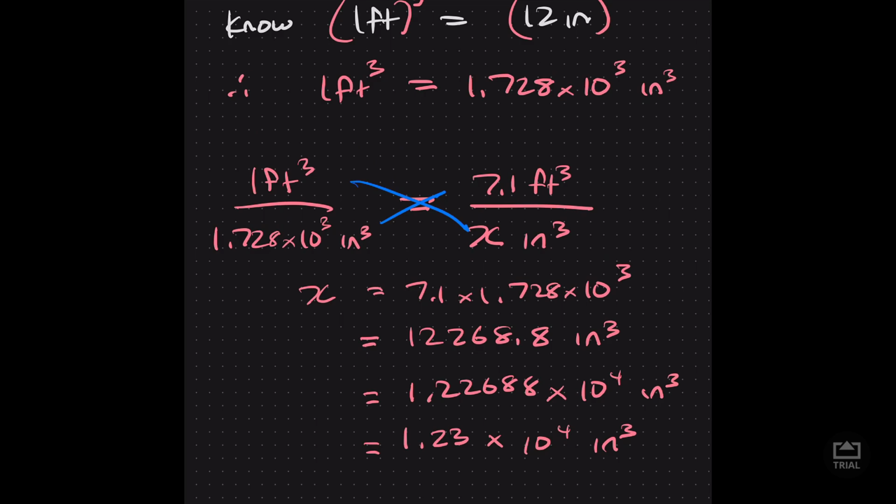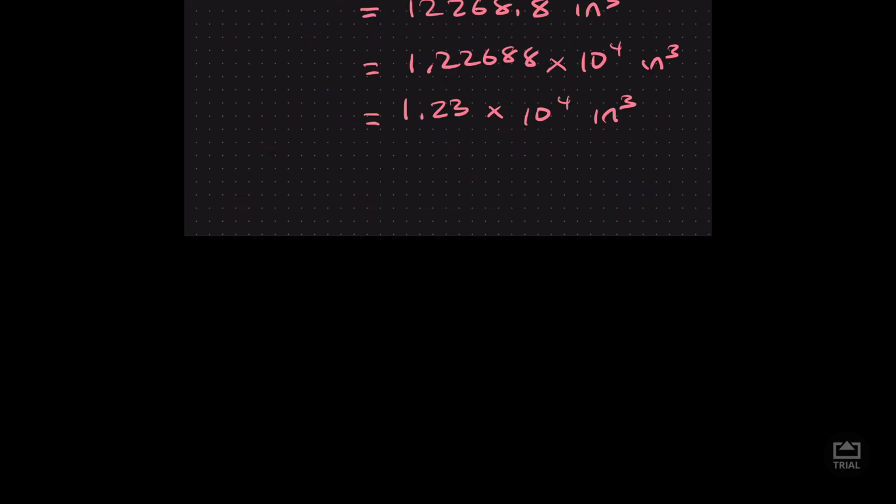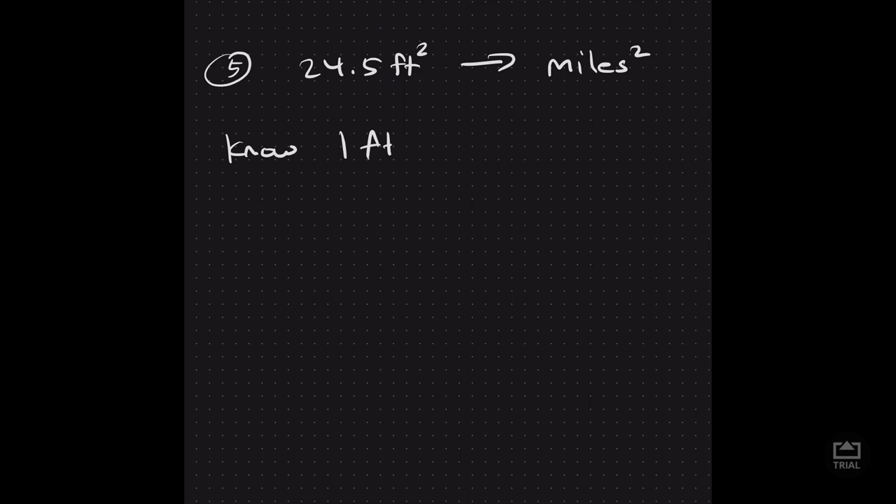Okay, I have one last one to go over here. And we'll look at another one with the imperial system. So we're going to go from 24.5 feet squared and say how many square miles will that be? Again, what do I know? I know that 1 foot is equal to, actually let's do it the other way around here.